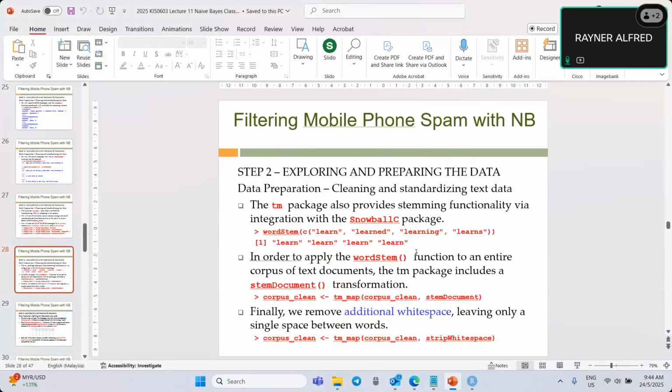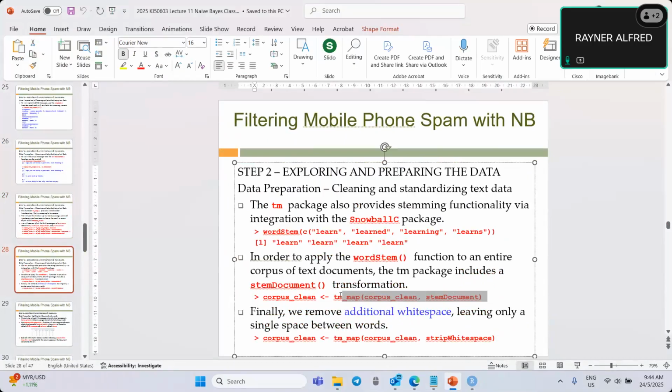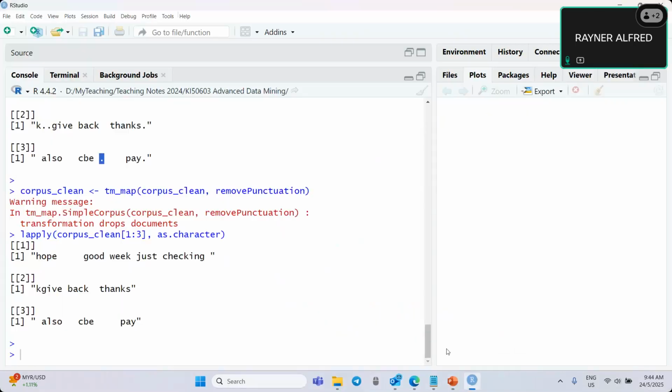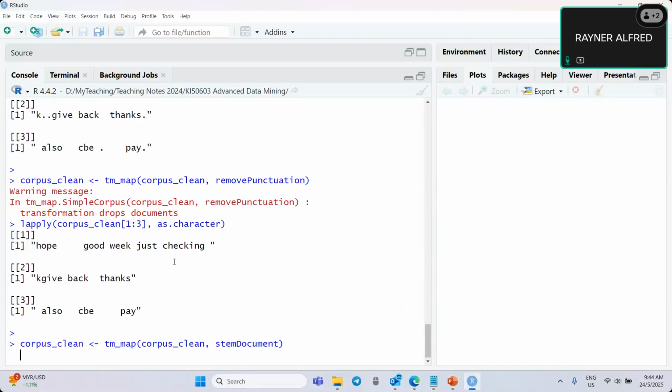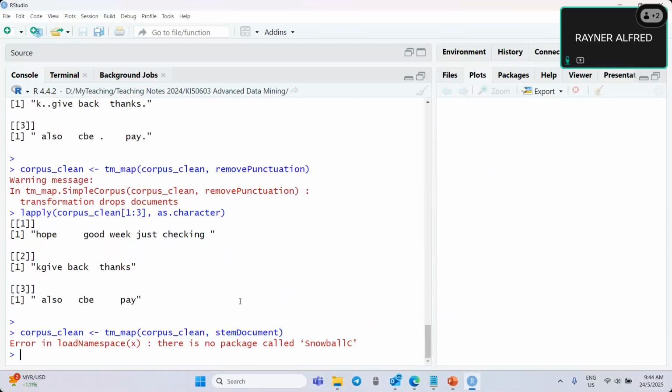We also perform the stemming, where we remove all the ing, s, and so on.